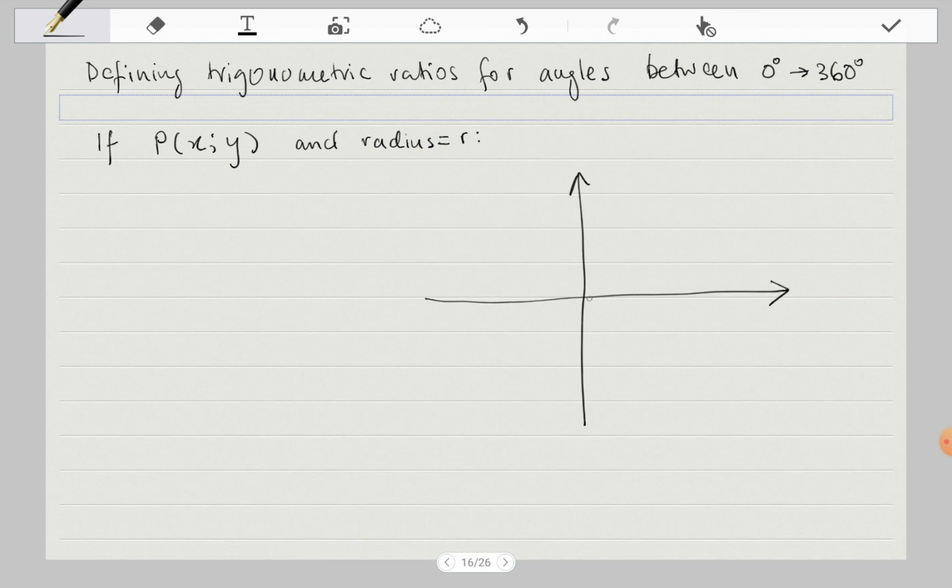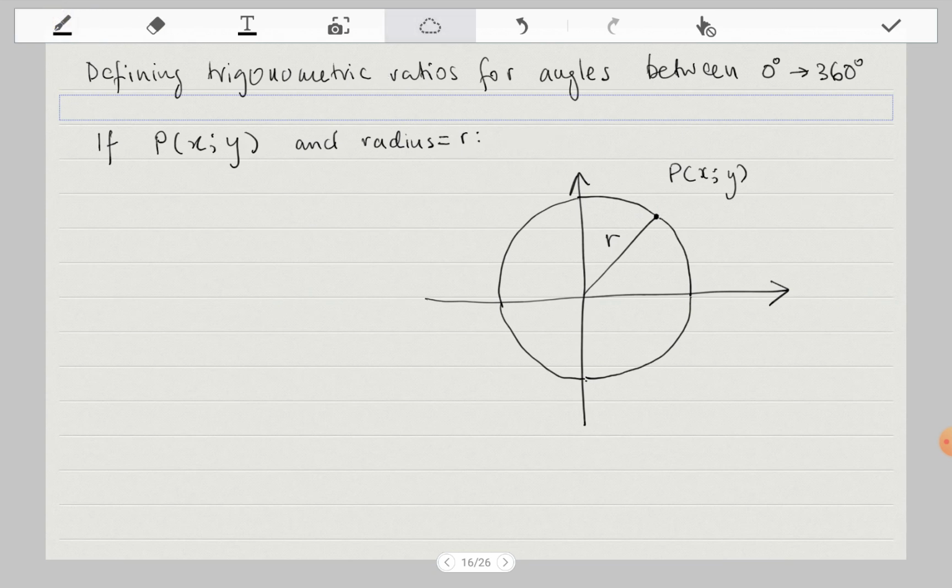Then we have our line coming down here, with your point P, x and y, and a radius of r. So obviously this is going to be a circle.